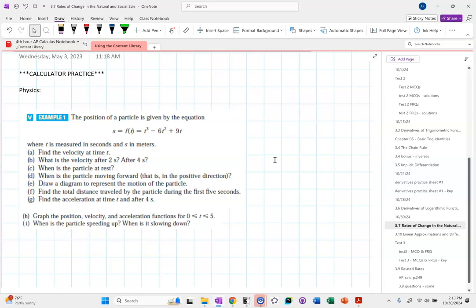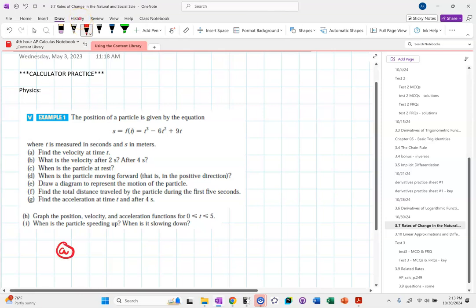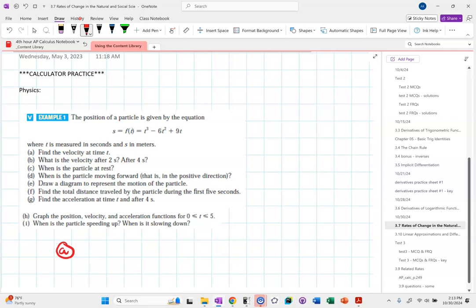All right. So it says the position of a particle is given by the equation s equals f of t equals t cubed minus 6t squared plus 9t, where t is measured in seconds and s in meters. Find the velocity at time t.